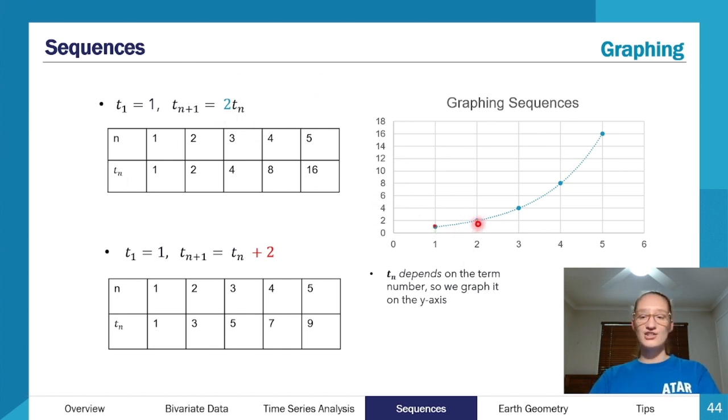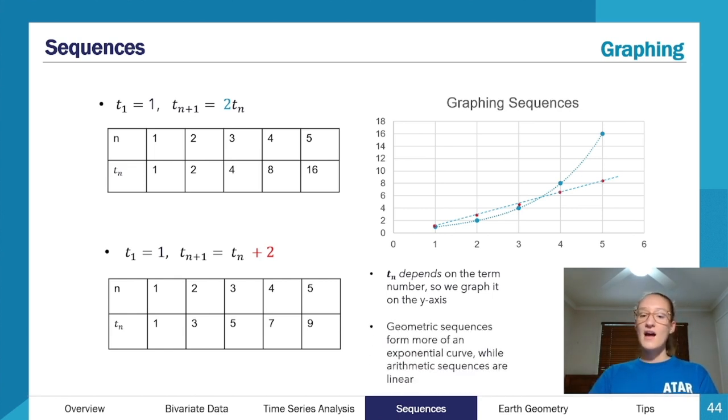We can see that in our geometric sequence, we do get that exponential growth curve. Whereas if you follow the red dots that are going to be popping up on the screen, you can see that when we graph an arithmetic sequence, like that line there, we get that straight line, that linear growth, or decay if it's negative.